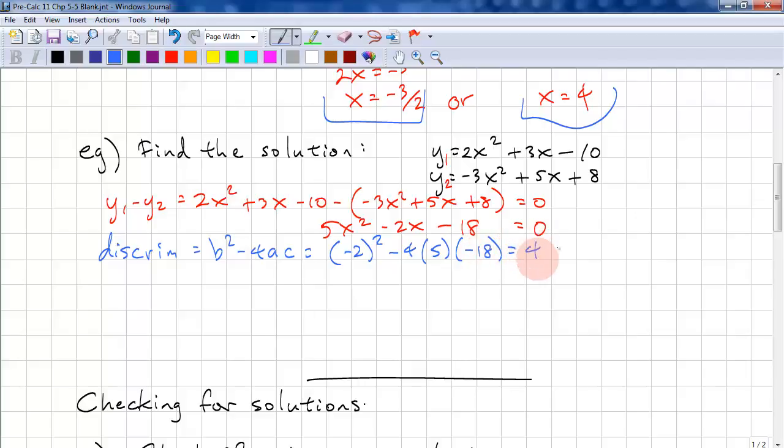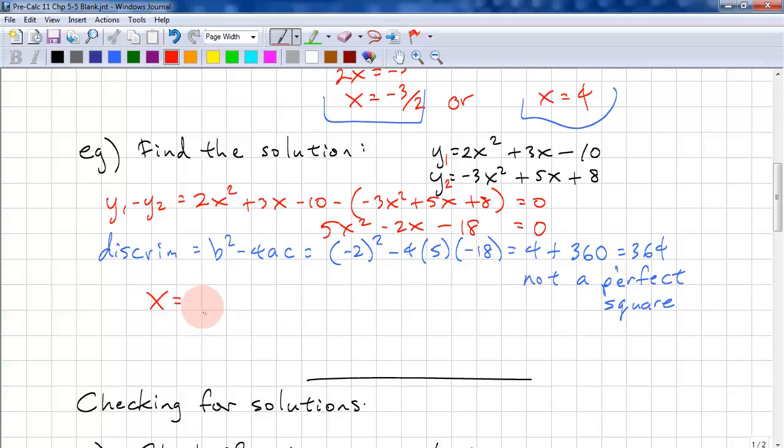This is 4 plus, 20 times 18 is 360. So we have 364. 364 is not a perfect square. This means we'll have irrational roots, so we'll go ahead and use the quadratic formula.